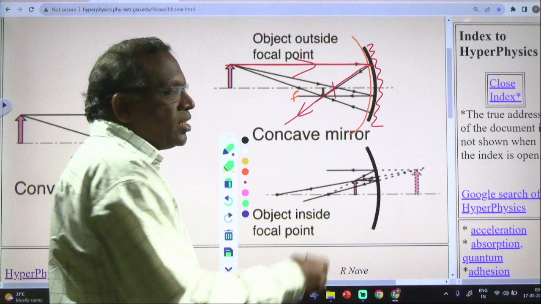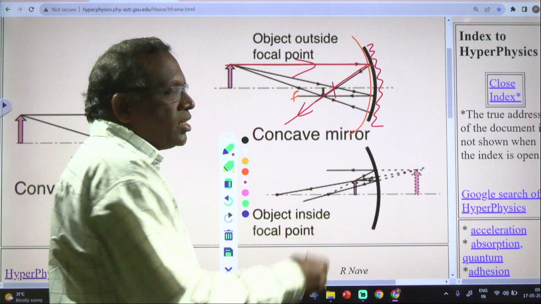If a light ray passes through the center of curvature, it is reflected back along the same line. If the light ray passes through the focus, after incidence it comes out parallel to the principal axis. These points you have to remember, don't get confused.